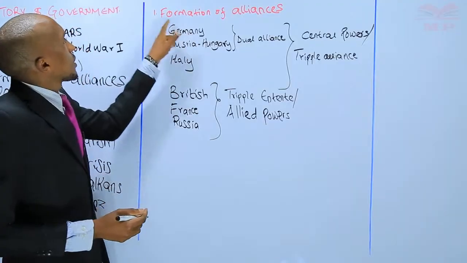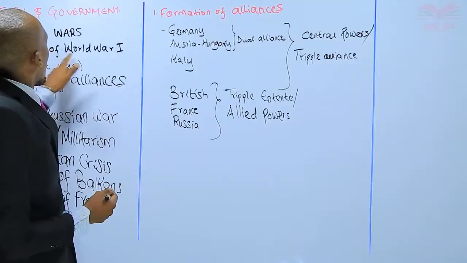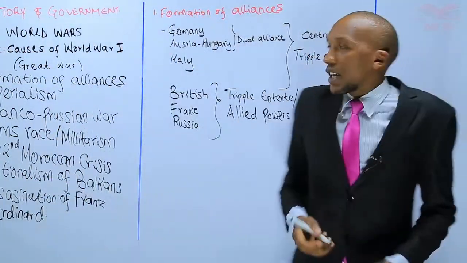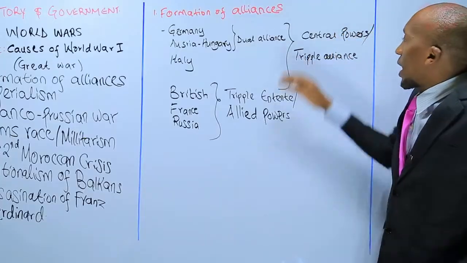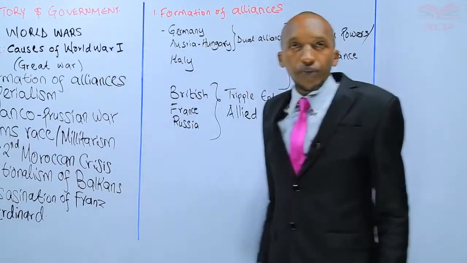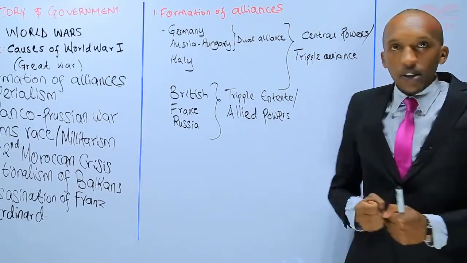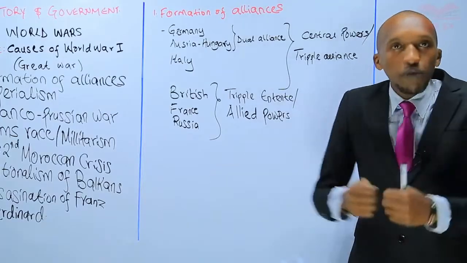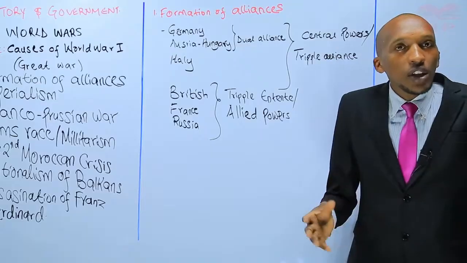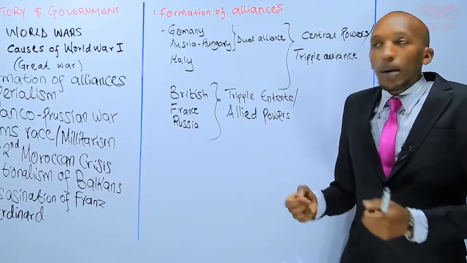So how did this formation of alliances result in the World War? How come just by forming two alliances, we have an outbreak of a world war? When you know you have a friend, a group of people, you can make any decision because you know there is somebody who will come to help you, to fight by you.